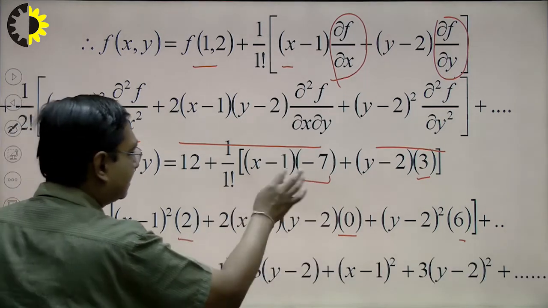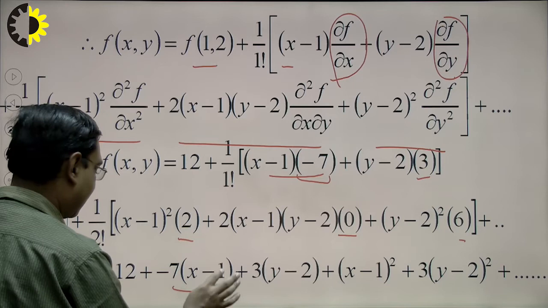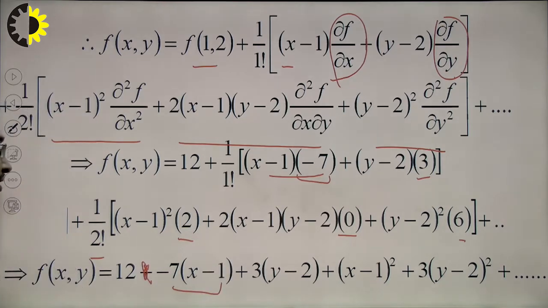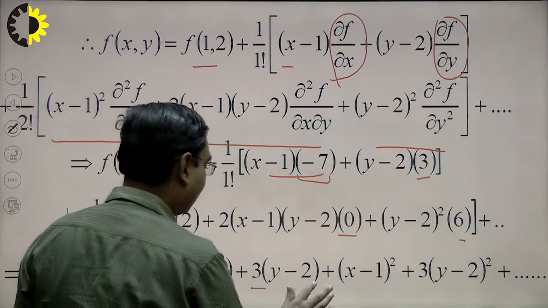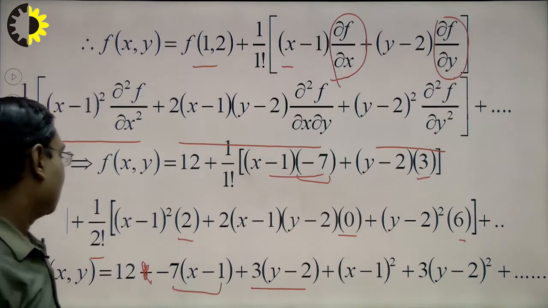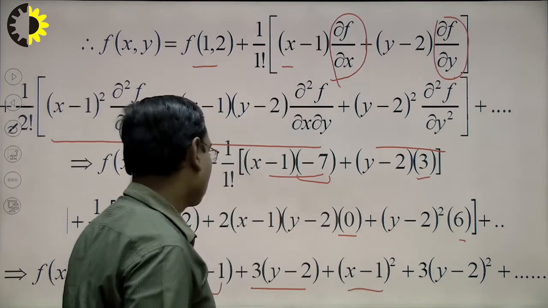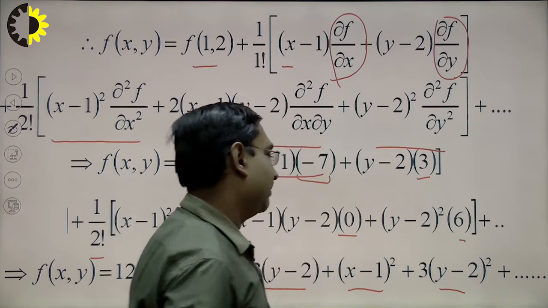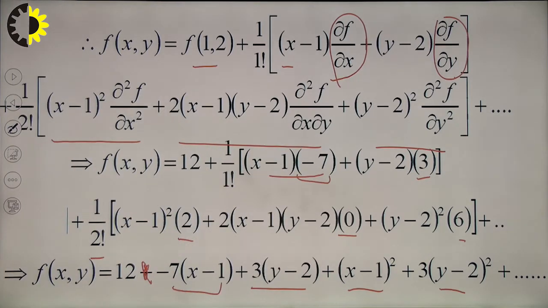Simplifying, minus 7(x minus 1) plus 3(y minus 2) plus (x minus 1) whole square plus 3(y minus 2) whole square, which is our required Taylor series expansion of the given function up to second degree terms.